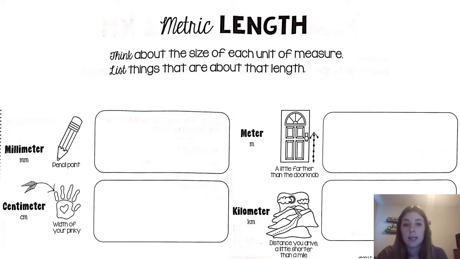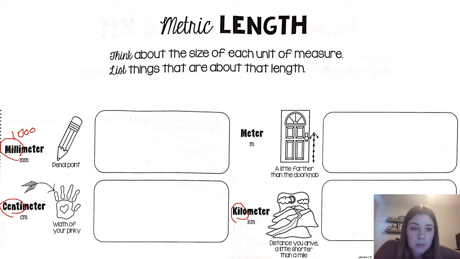Okay, for metric length, you'll notice that meter is in every single one of these words. We've got millimeter, centimeter, meter, and kilometer. And what is going on is we've got these prefixes that show the relationship they have to a meter. So a millimeter, milli means 1,000, and so a millimeter is 1,000 times smaller than a meter.